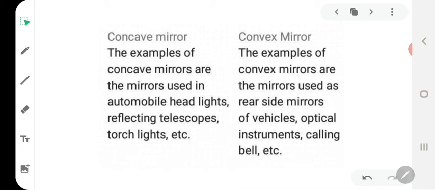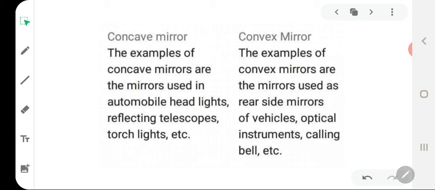It is used as a shaving and makeup mirror because when an object is placed close to a concave mirror, that is between the pole and focus of the concave mirror, an erect and enlarged image of the object is formed. So it can be used conveniently to see enlarged faces while shaving. Similarly, it can be used for makeup.